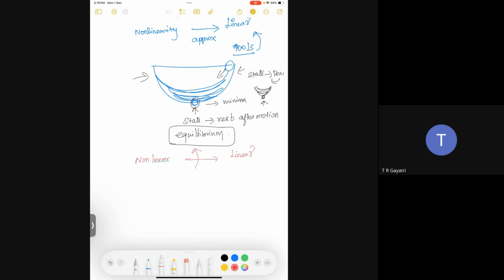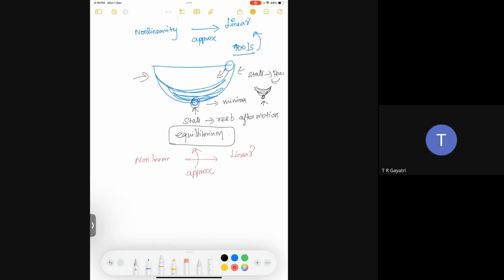Based on that, I cannot say the system is stable, but the system will be at rest at this point. So whatever changes I am making, those are the only changes it will go through. There won't be any internal changes that I have to worry about. So we will always approximate the non-linear system into a linear system at its equilibrium point.